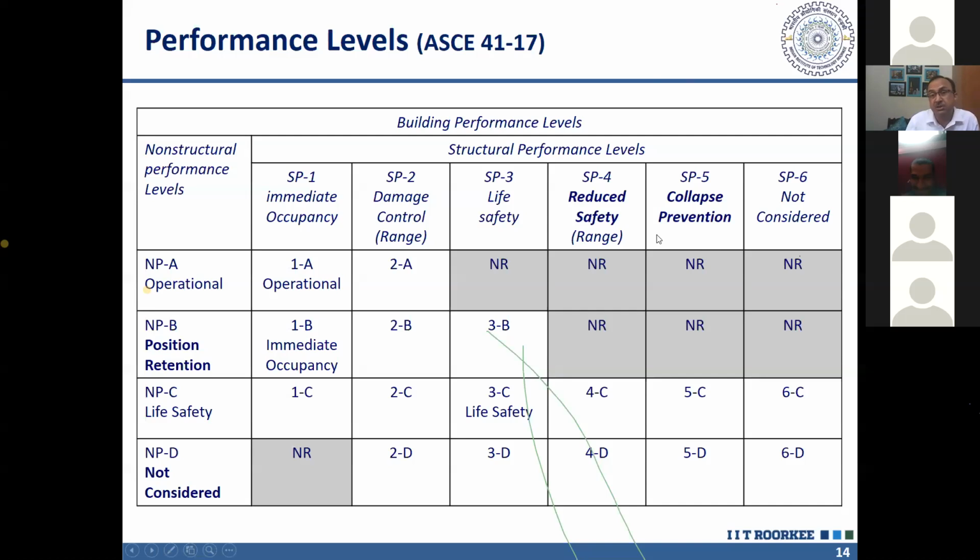There is a possibility that 1 or 2 occupants may have a very severe injury which may cause death. But we do not want collapse. So collapse prevention only ensures that there should not be a huge loss of life. A large fraction of the occupants should not die. That is what we are intending.